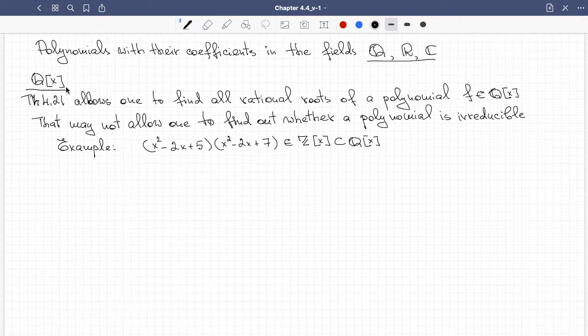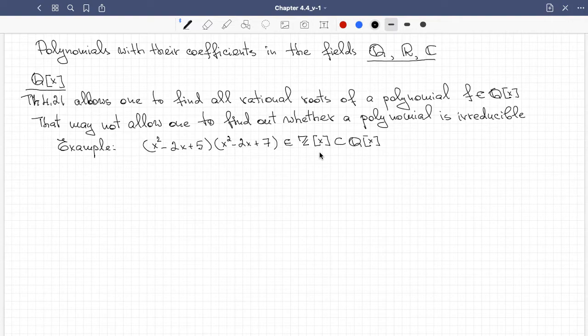So the following theorem provides a criterion of irreducibility. The theorem is formulated for polynomials in Z of x with integral coefficients.